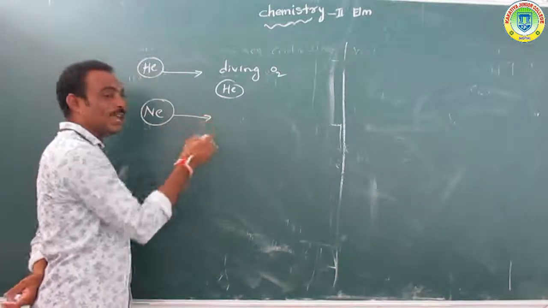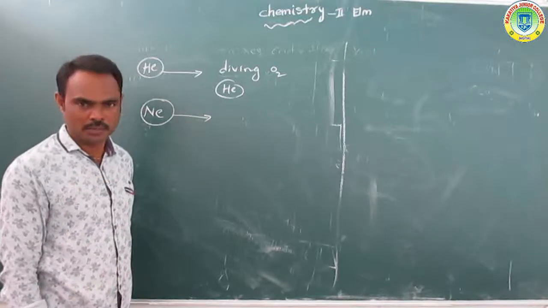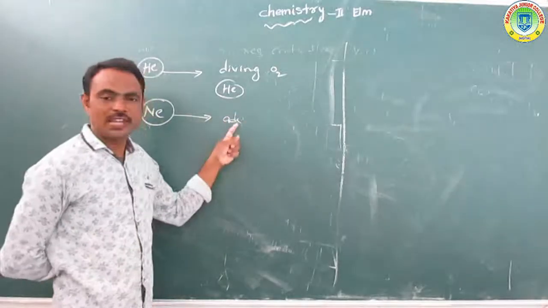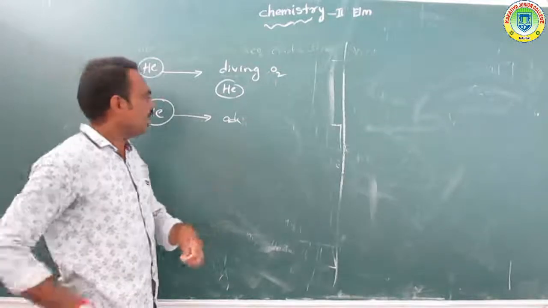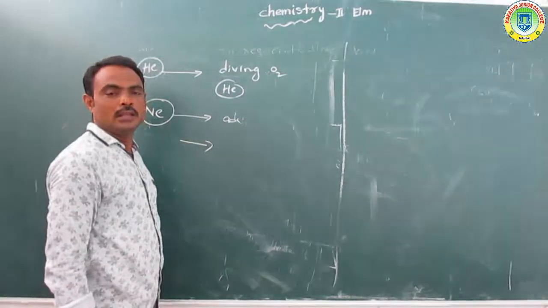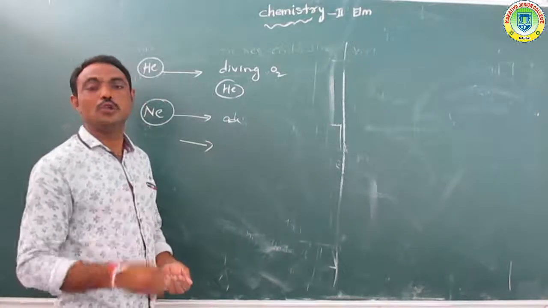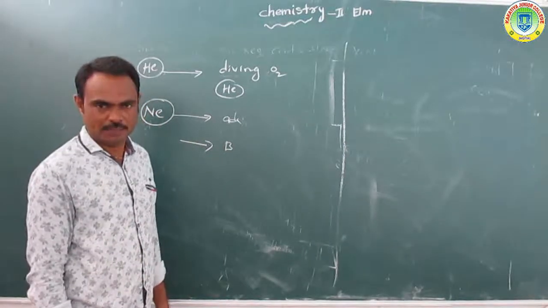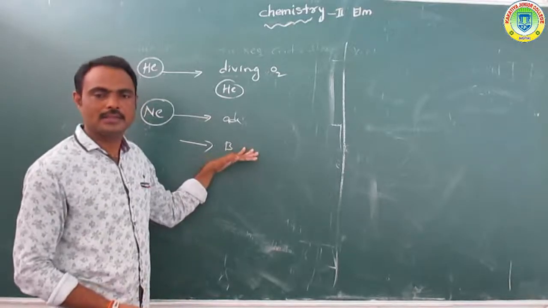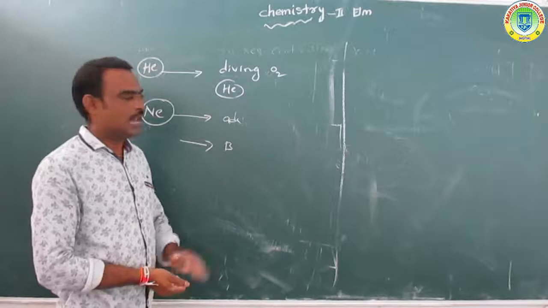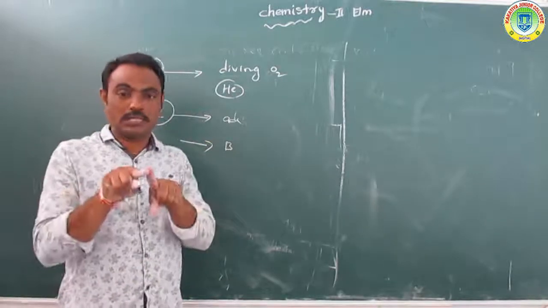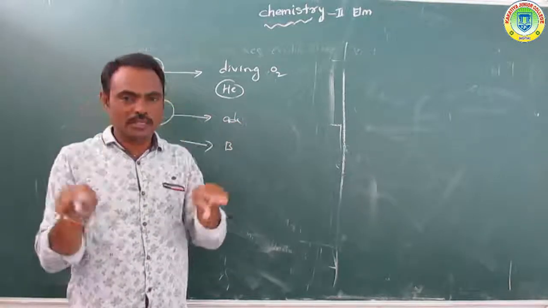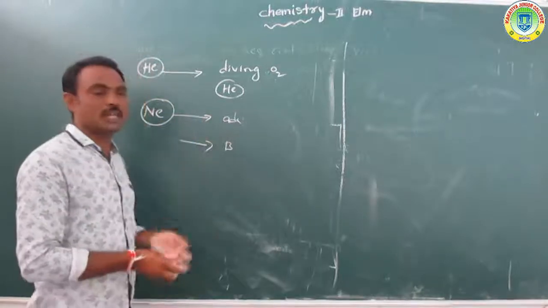This neon is mainly used for different types of bulbs, mainly for advertising. This element is also used in botanical gardens or green gardens, and different colors of bulbs are used for advertising boards. This is the use of neon.